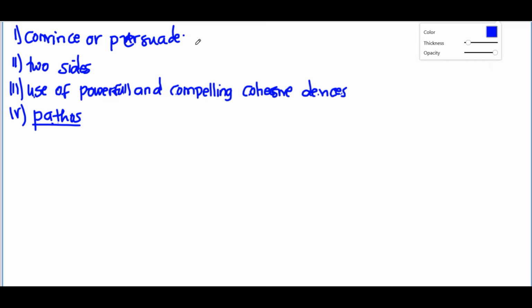For example, we can say, if my allowance isn't increased, I won't be able to go out with you. Then you explain. Number two, you can also say, you will never be satisfied in life if you don't seize this opportunity. That is also manipulation.